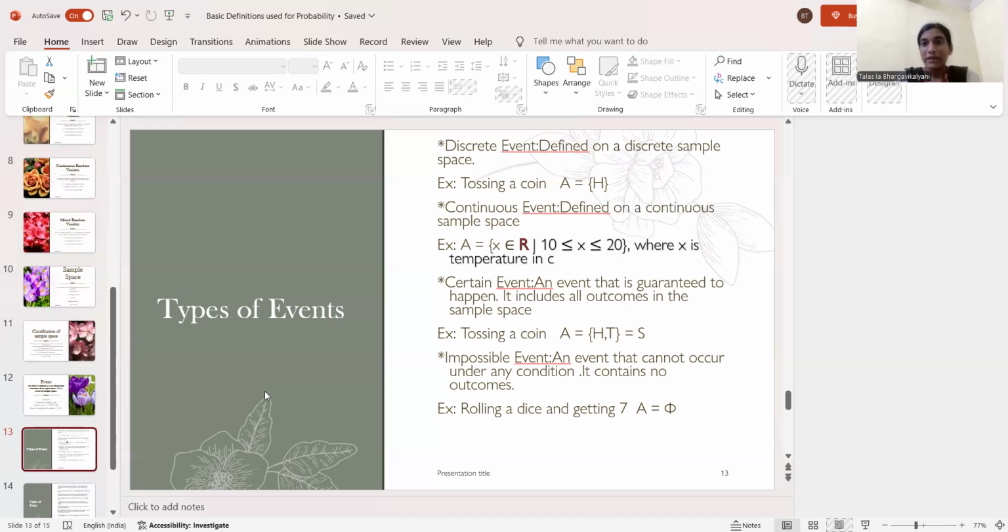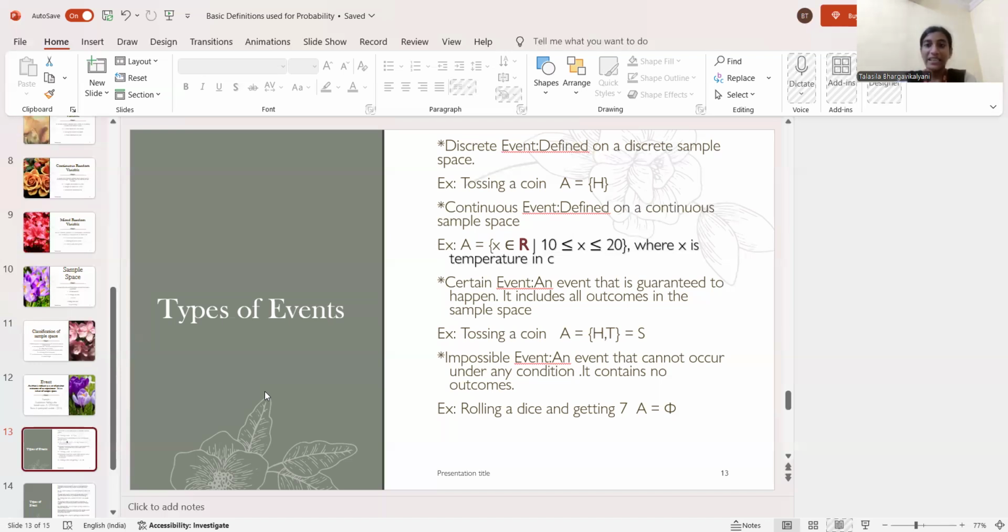It is called a certain event because we know that rolling a die, we get numbers from 1 to 6. So certain event means we know the outcome is guaranteed to happen.